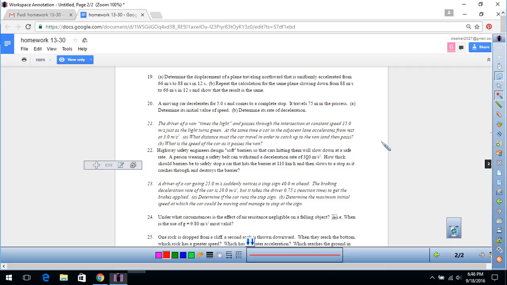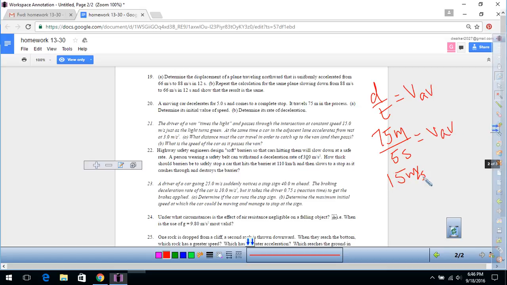Alright, so let's see, what do we want to do? Well, I know that D over T is equal to average speed, so 75 meters over 5 seconds is equal to my average speed. I think that's 15. And then we know VF plus VI over 2 will equal average speed.